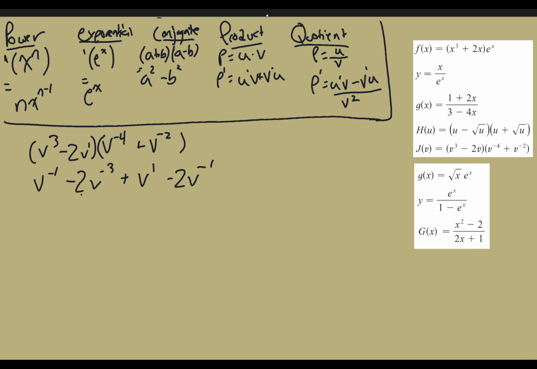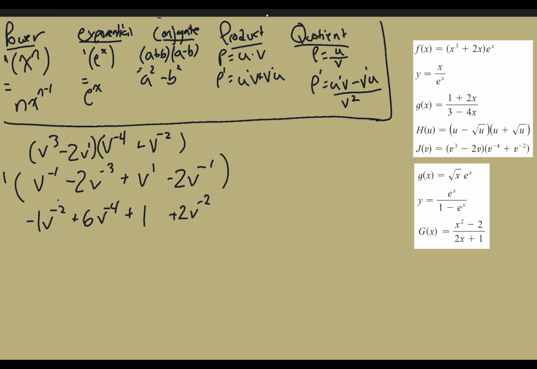So let's put these in order. That means that we're going to take a derivative. So let's take the derivative of this. And we would get negative 1v to the negative 2 plus 6v to the negative 4 plus 1 plus 2v to the negative 2.